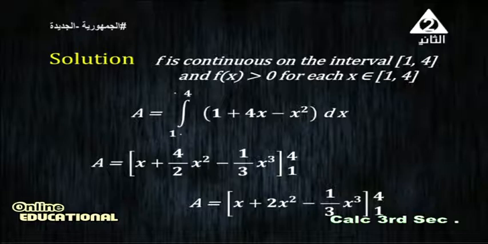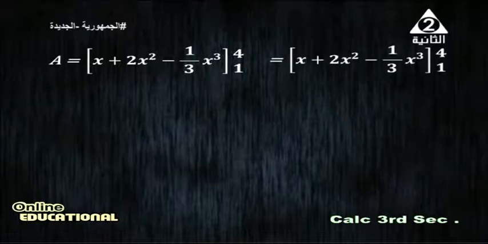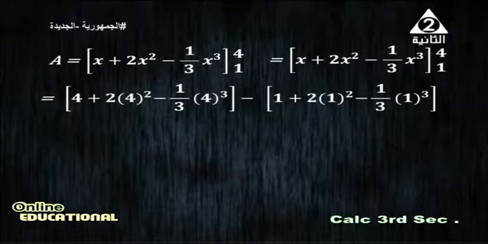We can substitute. A equals, between two brackets, 4 plus 2 multiplied by 4 to the power 2 minus a third multiplied by 4 to the power 3, minus, between two brackets, 1 plus 2 multiplied by 1 to the power 2 minus a third multiplied by 1 to the power 3.